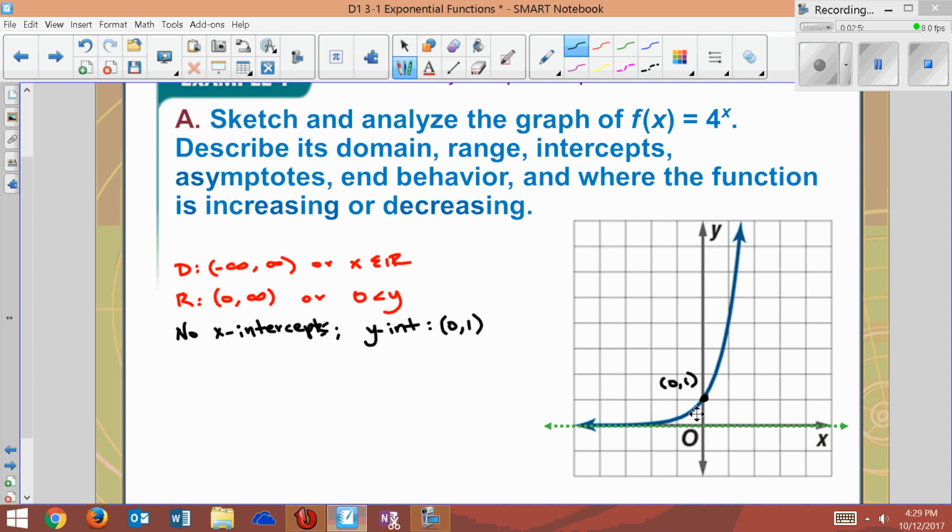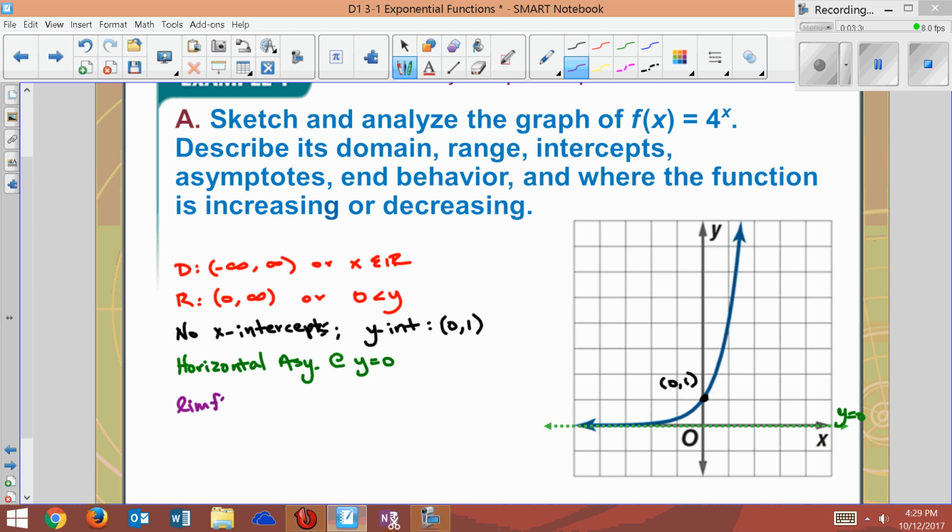Unless we have a vertical stretch or a shift of some sort, it will always be at 0, 1. All right. Asymptotes, I already gave you one. This asymptote hits the y-axis at 0, so this would be the asymptote y equals 0. It's a horizontal asymptote. I'm just going to abbreviate that at y equals 0. And it says, let's do our end behavior.